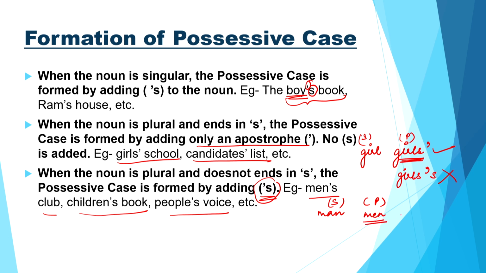So, in such cases where the noun is plural but does not end in S, another example, child is singular and children is plural. In such cases we add an apostrophe along with S to show possession.